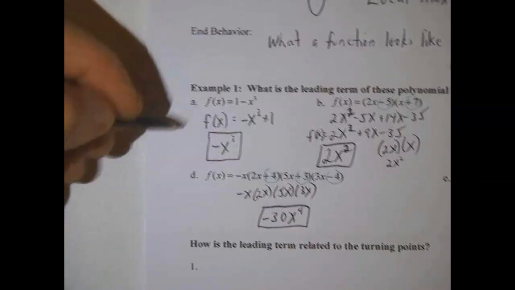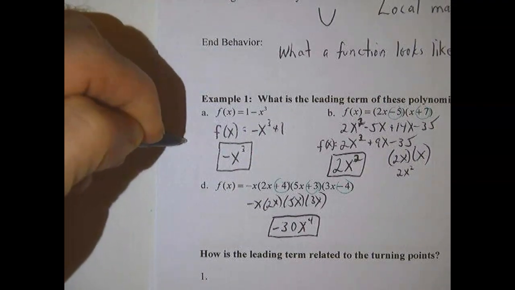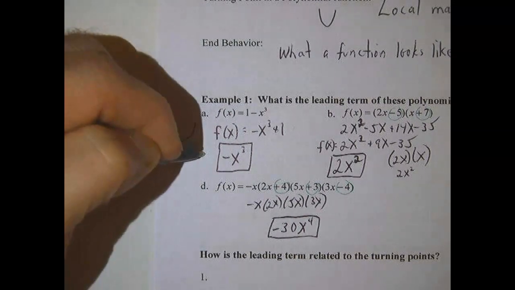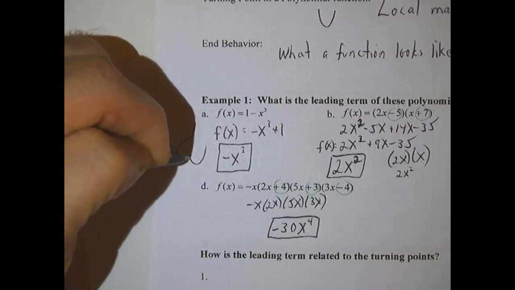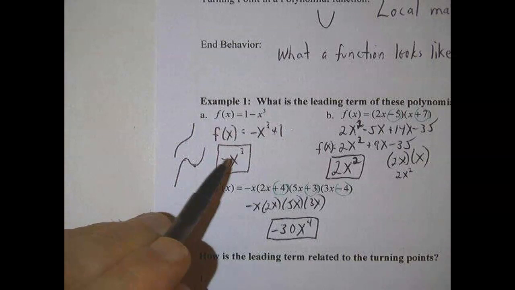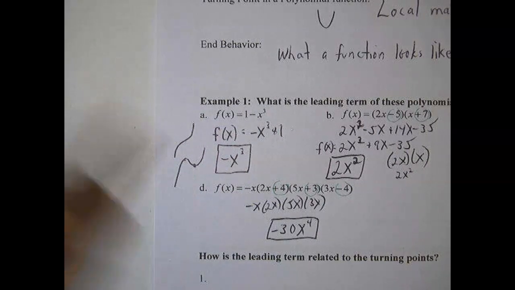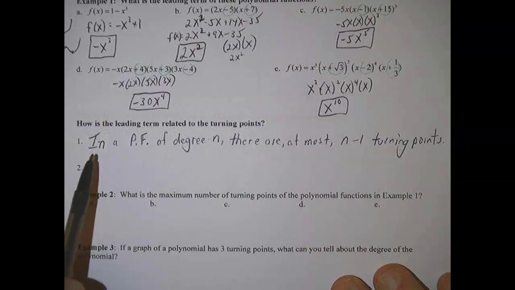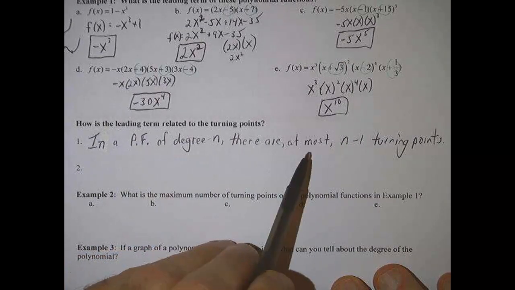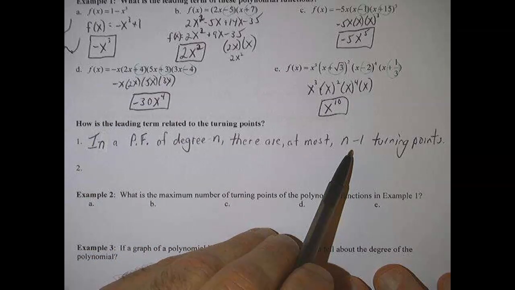So this one, for example, third degree, is kind of easy to show this. It could look like a cubic like that, or it could look like a cubic with a bump like that, and there's the 2 turning points that it could potentially have. Third degree, 2 turning points. Okay, so in a polynomial function of degree n, there are at most n minus 1 turning points.